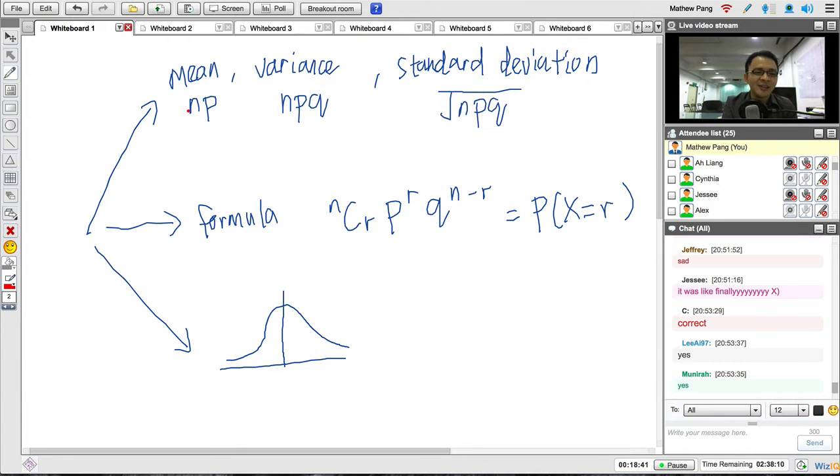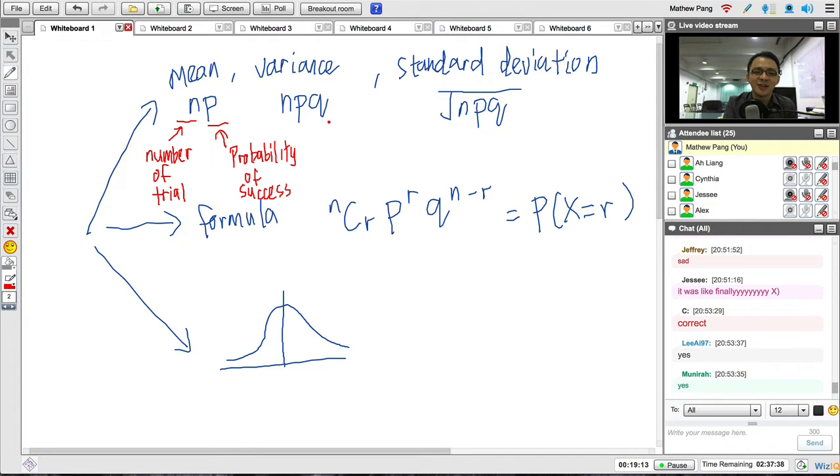N is the number of tries. Maybe you try 10 times, so this is the number of tries. P is the probability or percentage, but normally I would say probability. It is the probability of success.